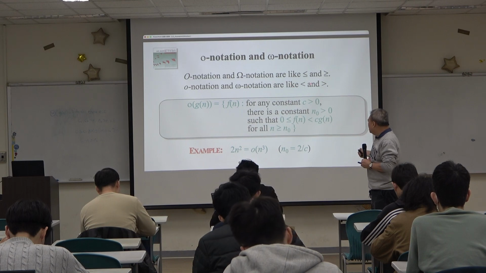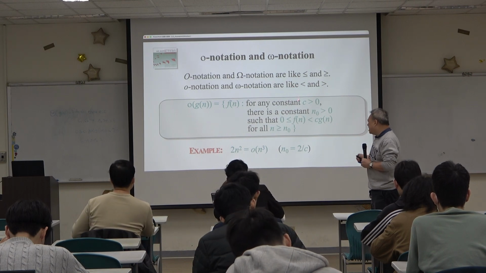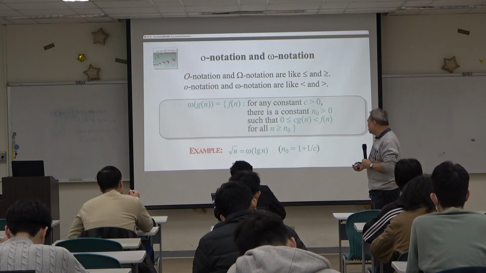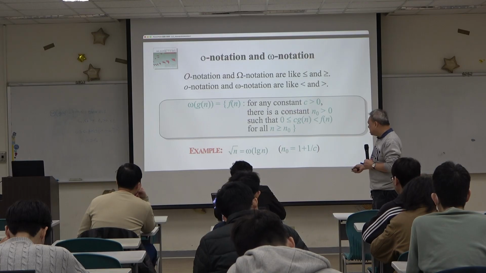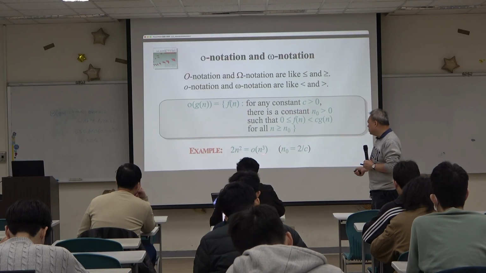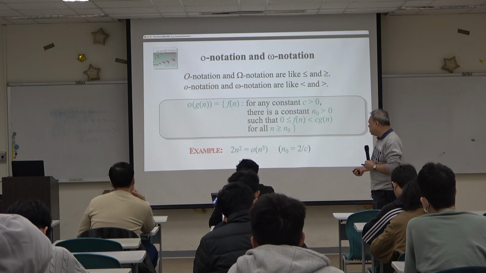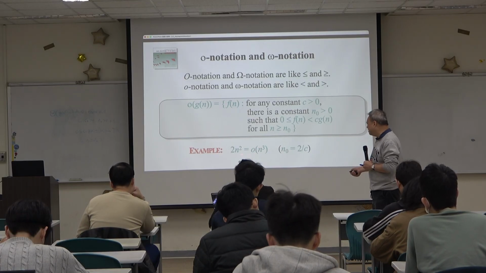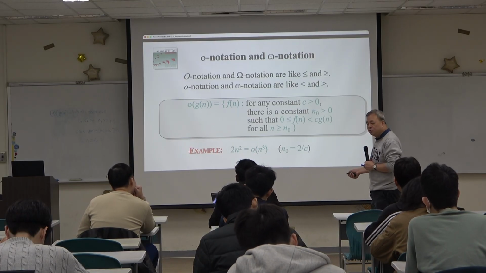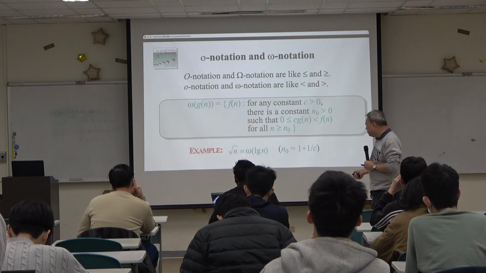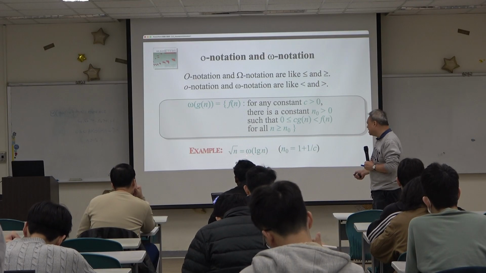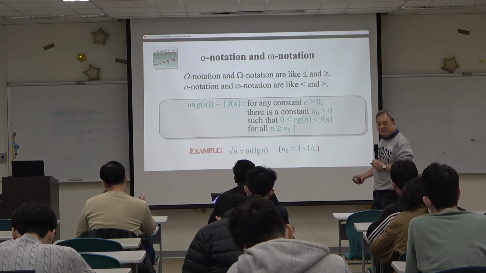So for big omega and small omega, the difference is also here. Obviously, if big O holds, the small O is also true. Same thing for big omega: we have this, but for small omega, this is also valid.